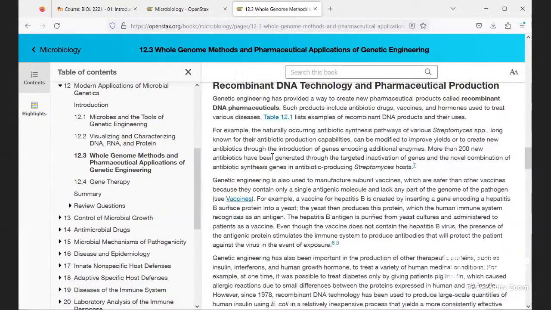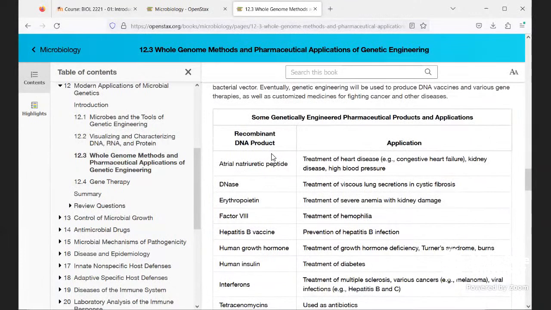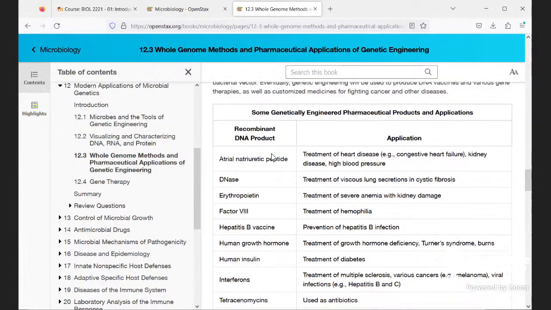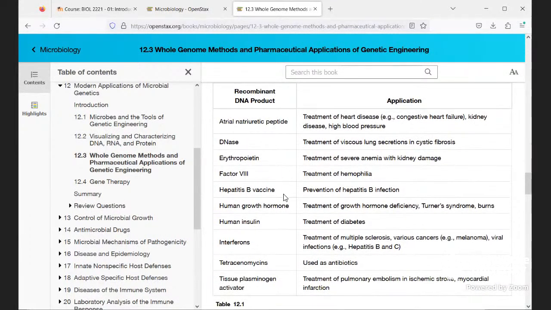I could maybe just scroll down here. So these are some different recombinant products that have been generated. This table is not in the PowerPoint, with some of their potentials. We talked about insulin, some of the first stuff, but there are all sorts of others that possibly lend potentials for different disorders, right?